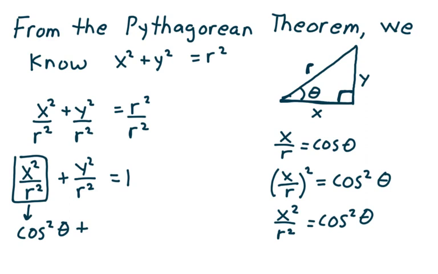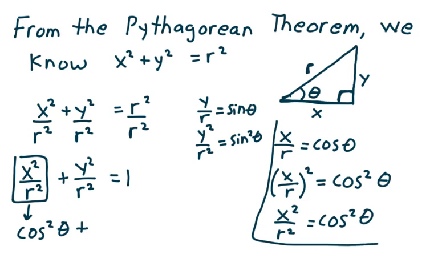Now, we can do the same thing for sine. Remember that y over r is sine theta. And if we do something similar, would it be fair to say that y squared over r squared is sine squared theta? If we make the same argument?